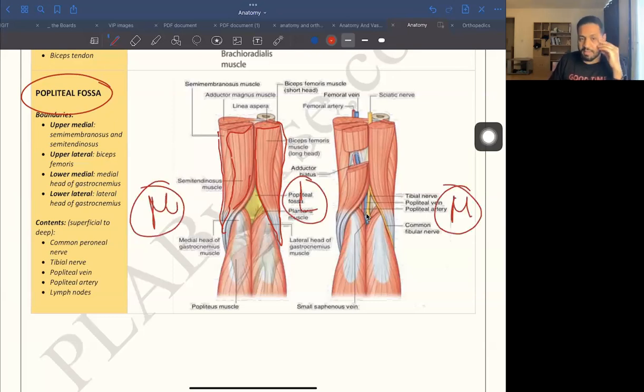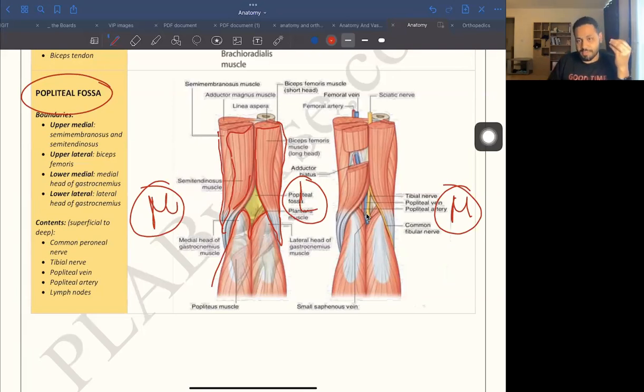So on the medial side, you have semitendinosus and semimembranosus, and on the lateral side, you have your biceps femoris in the lower limb. Just below here, you have a muscle called gastrocnemius, which is the biggest muscle in the leg.